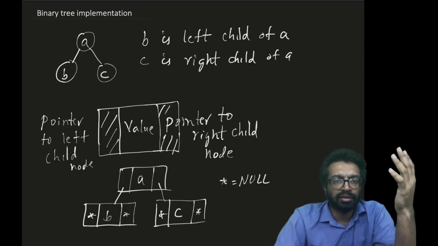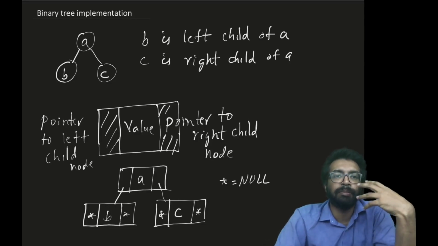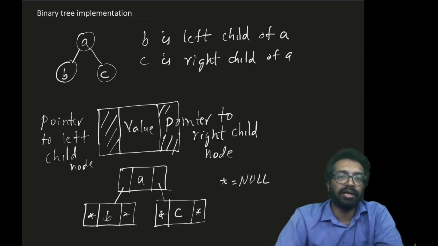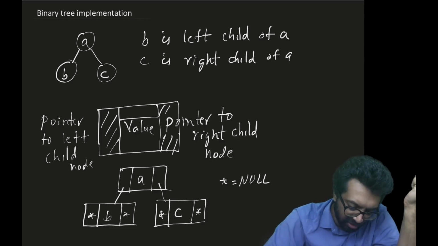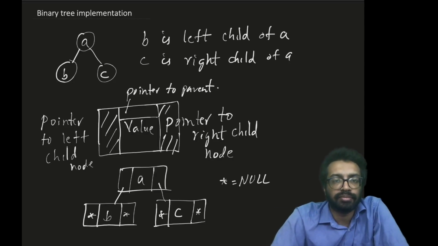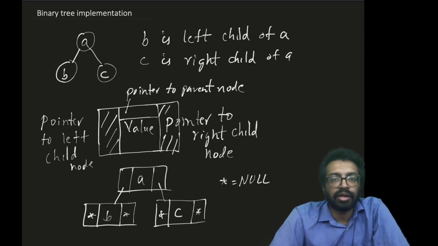Maybe in some situations we would want a node to also have the parent information, right? So how do I include the parent information in this node? Okay, you will also have a parent pointer. So let me say here is going to be a parent pointer. It's a pointer to a parent, right?